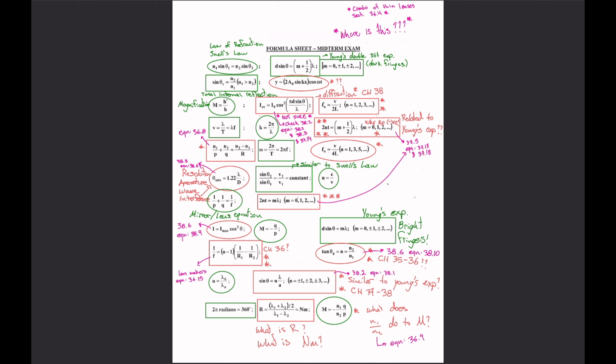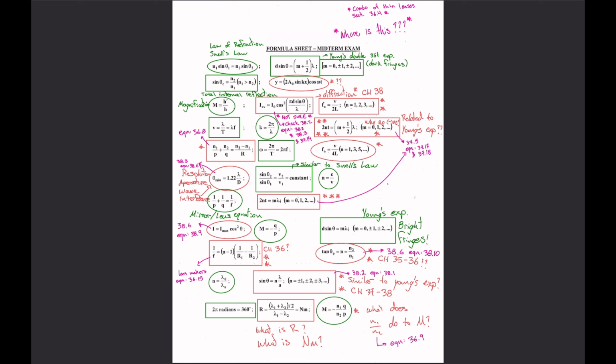If you can do that for each of these equations, explain what each of them means and what it can do, and at least know its name so you can do further research on it, you're at a good stage. I know the midterm is in a couple days, so I hope this is helpful. It's not going to be too problem solving intensive. It's just going to be surface level information.